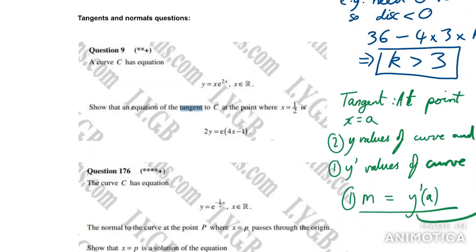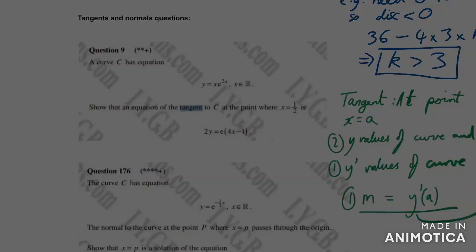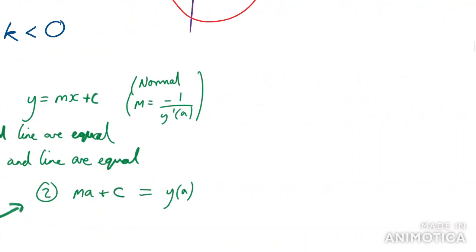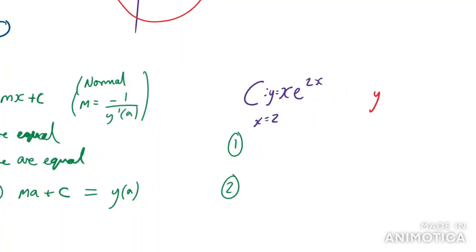So we know that the curve C has equation y equals x e to the 2x, and we want the tangent at the point x equals a half. Okay, so using our setup, the tangent line has equation y equals mx plus c.